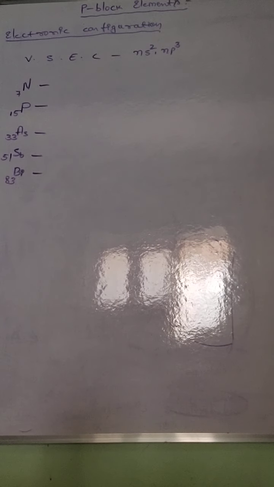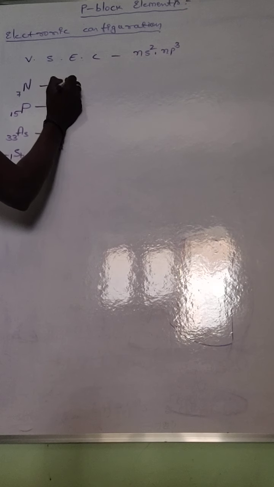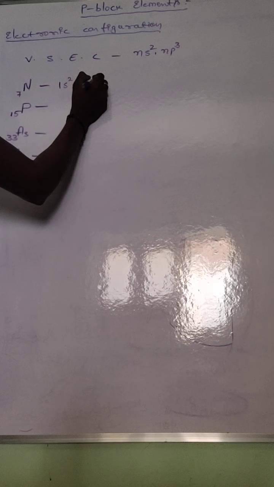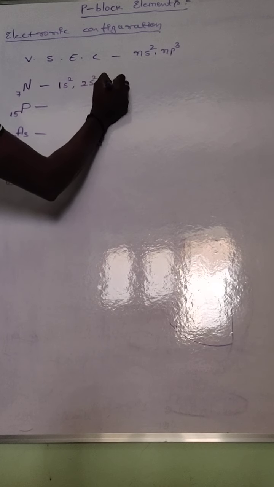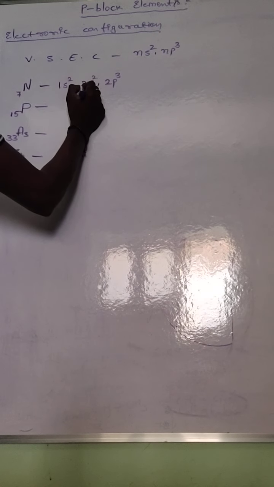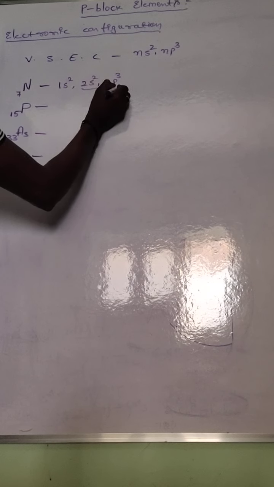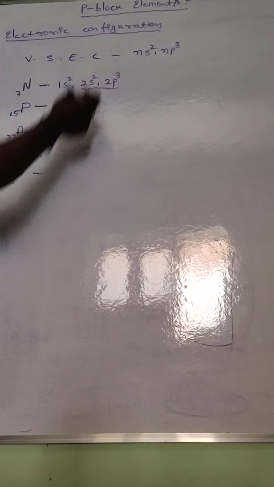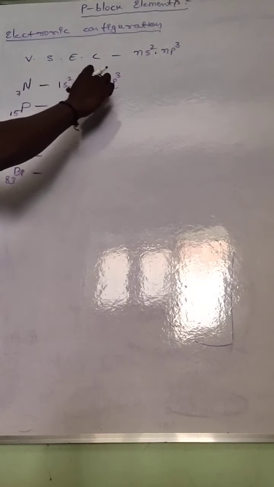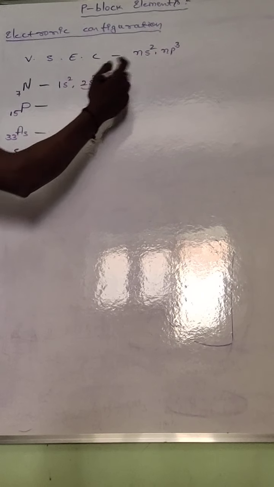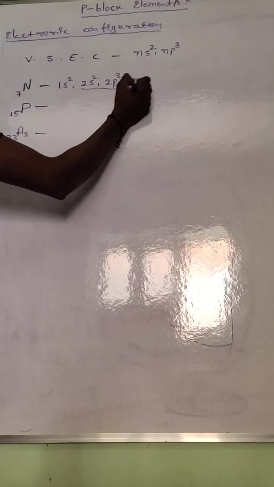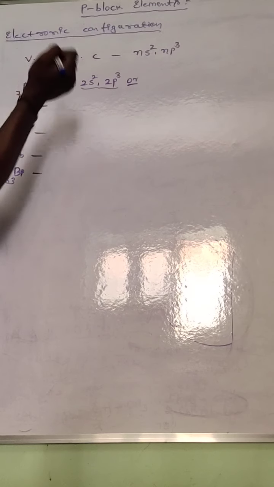As a small hint, in nitrogen the configuration is 1s2, 2s2 and 2p3. Now in the outer shell, which is 2s and 2p, it contains ns2 np3.